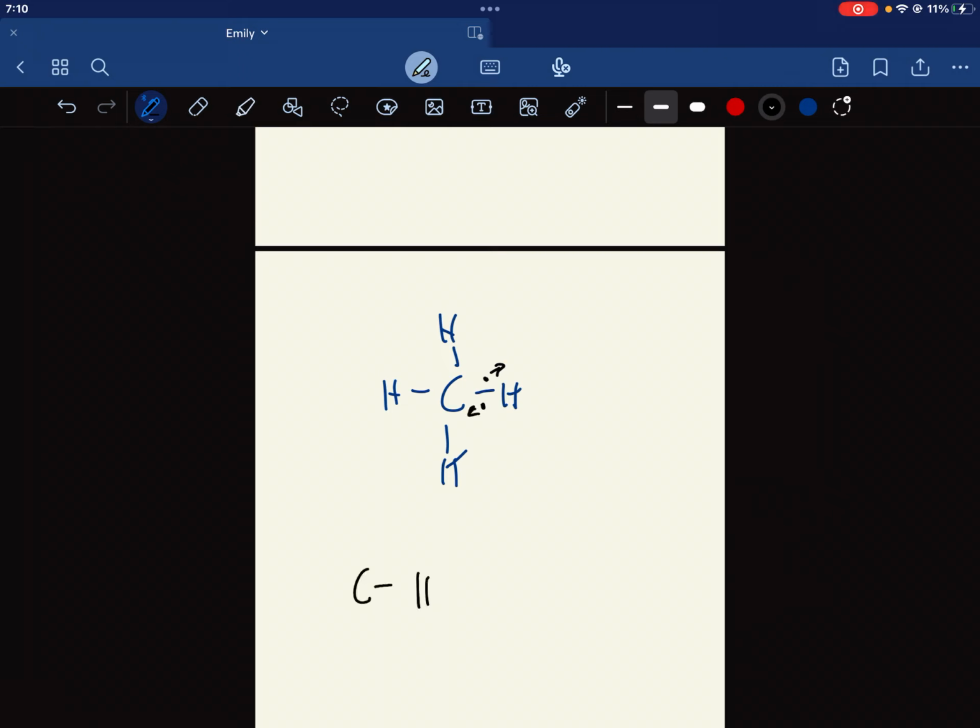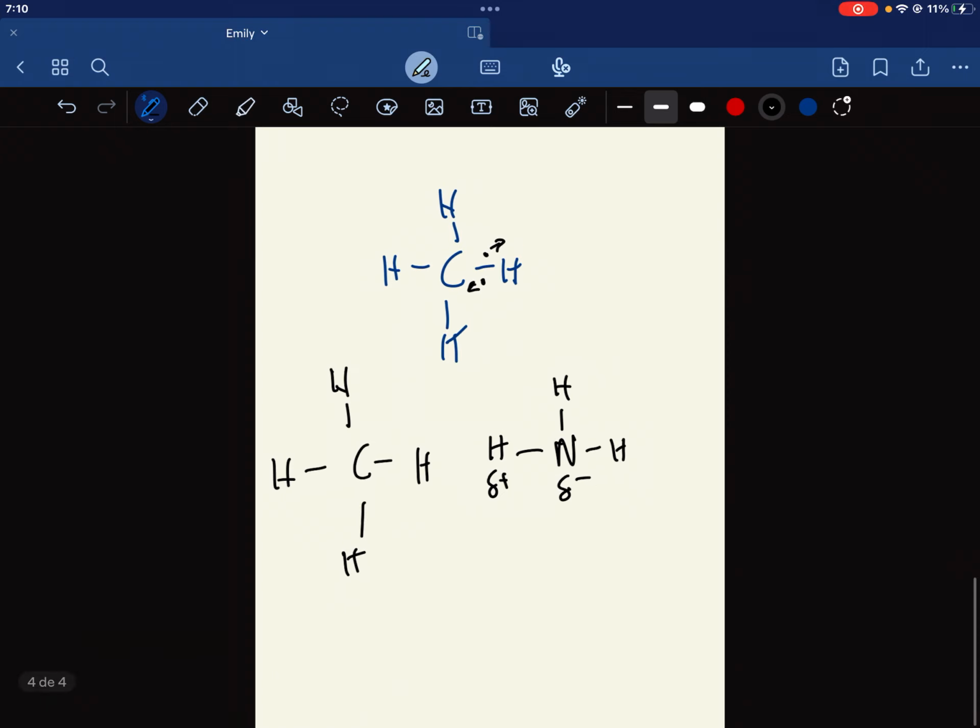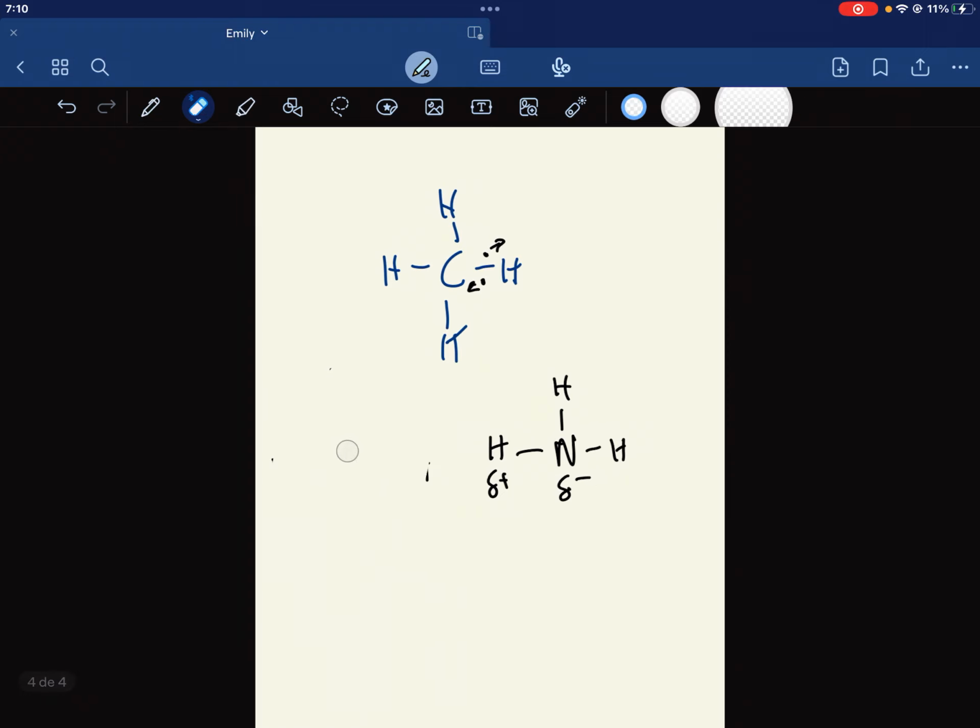When CH4 gets close to NH3, NH3 has a permanent dipole, another way to say that, partially positives and partially negatives because of the type of covalent bond it has. I drew this really badly. Let me fix it and get this close by.